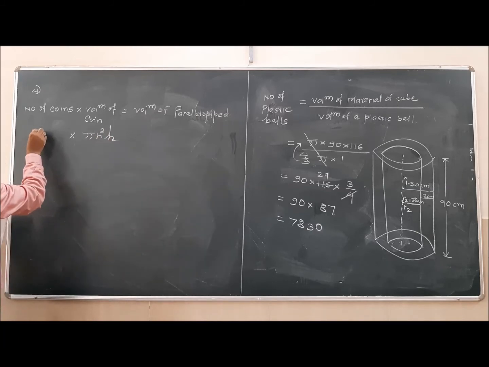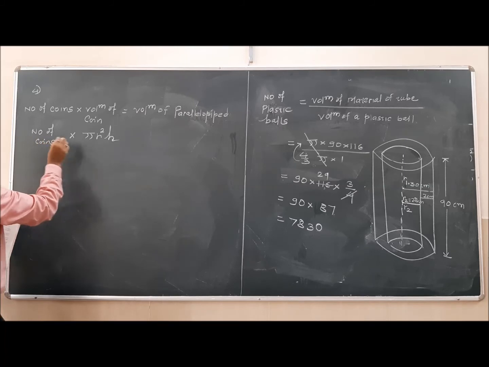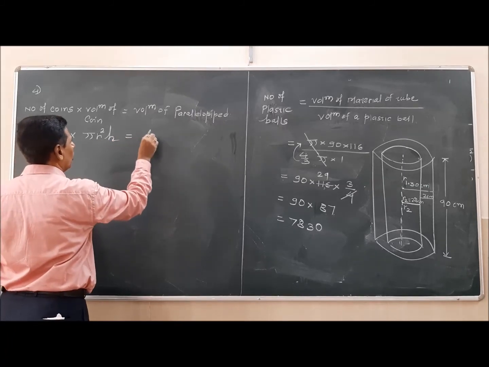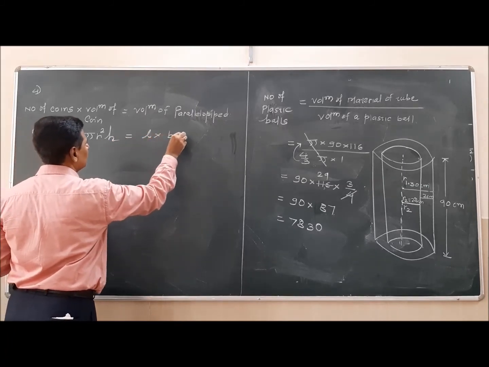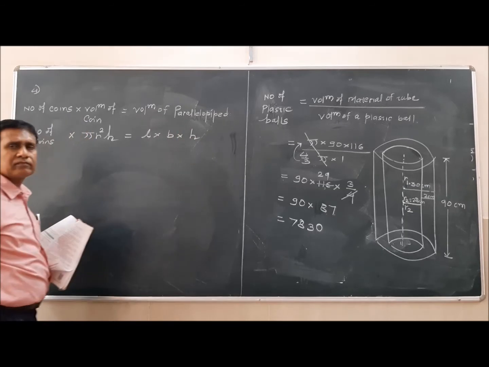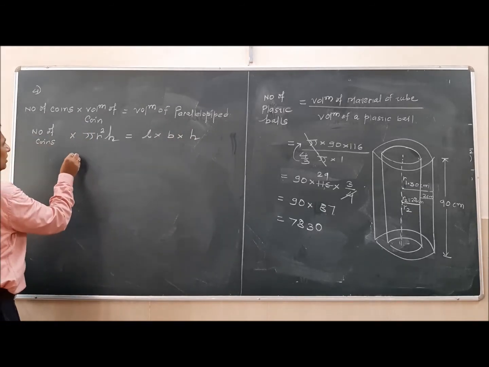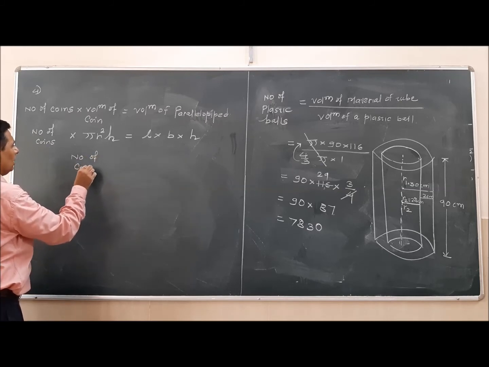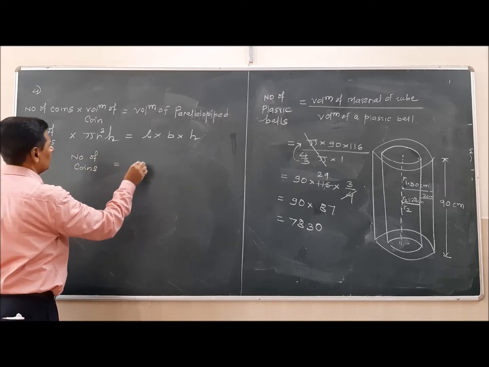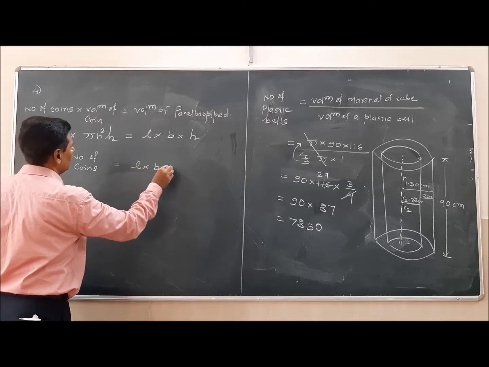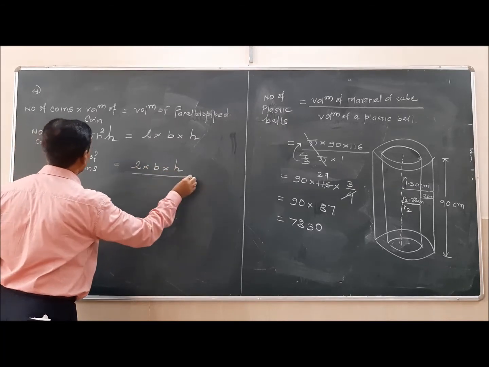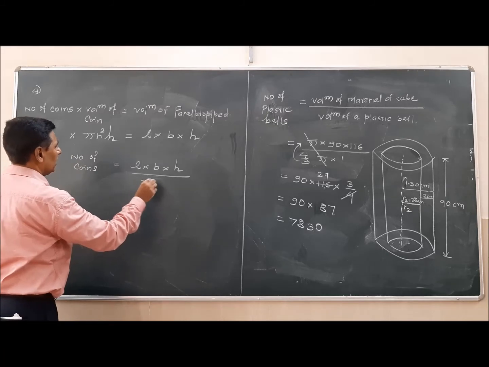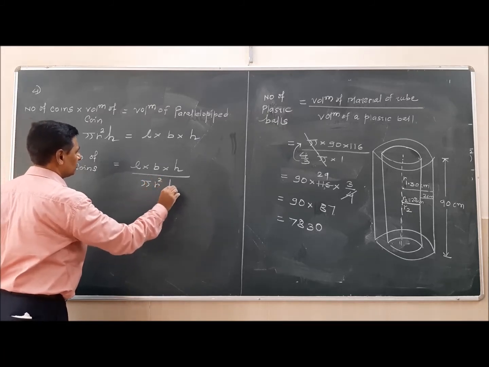The number of coins stays as it is. That is equal to the volume of the parallelepiped, which is length, breadth into height. So the number of coins is equal to L into B into H upon pi r square h.